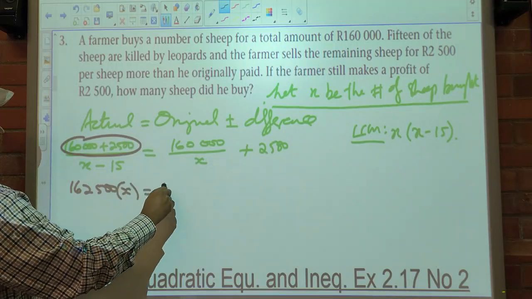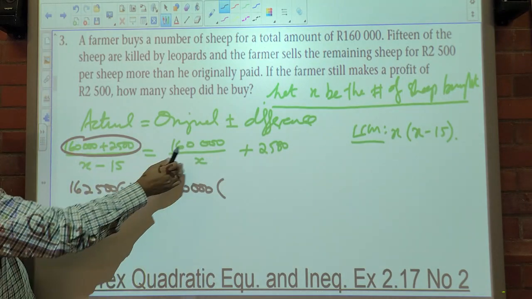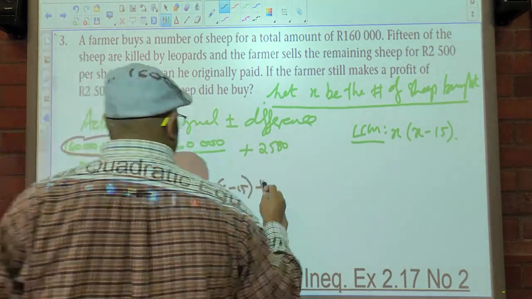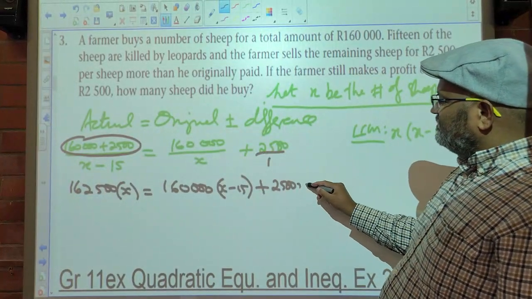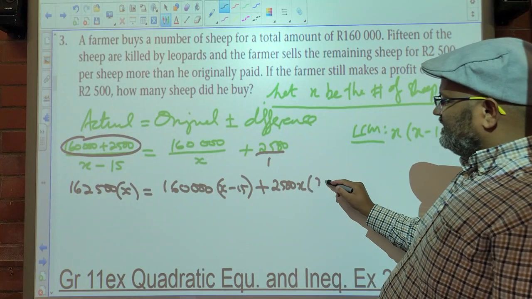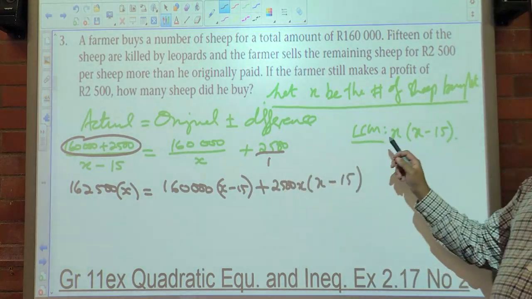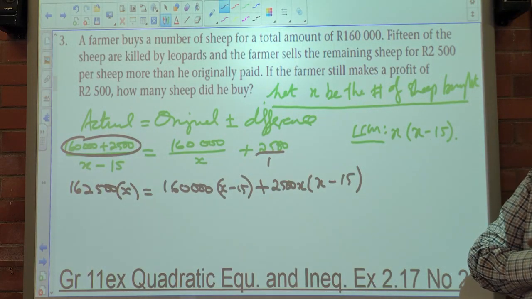X. So it's 160,000 into X minus 15 plus, that's naturally over 1, 2,500 into X into X minus 15. Why? Because 1 must be multiplied by X into X minus 15. Okay.